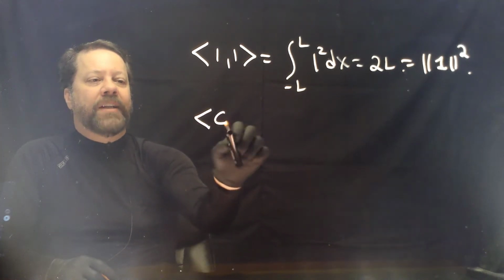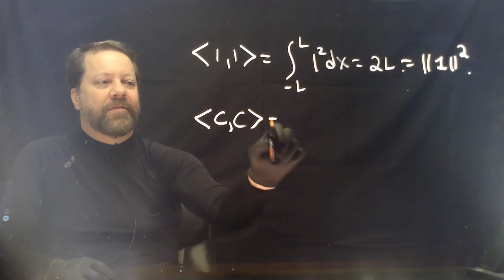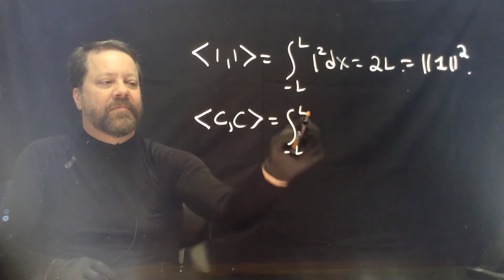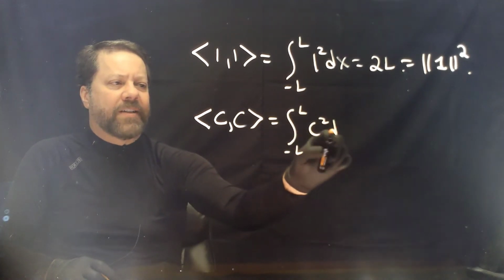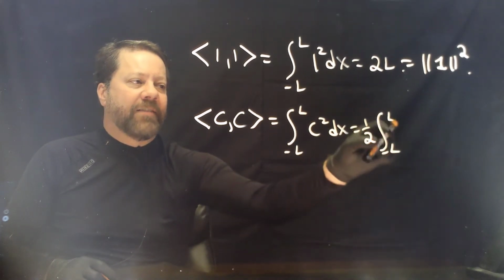Also, if we take one of our cosines and the inner product with itself, we'll have cosine squared, to which we apply a half angle identity.